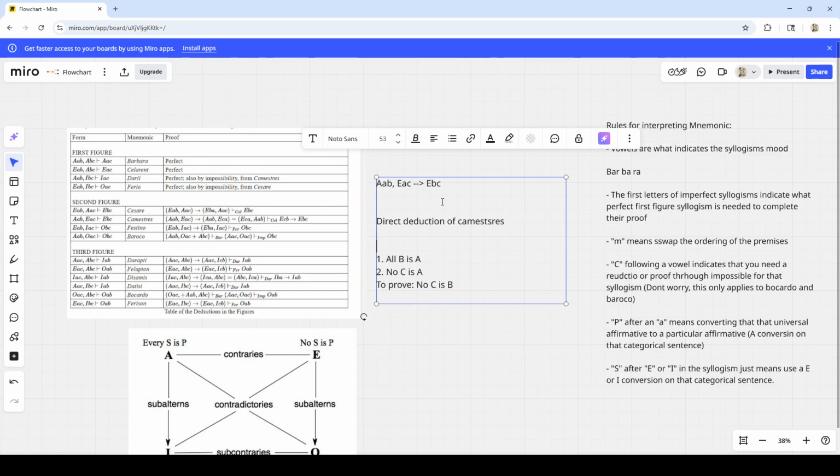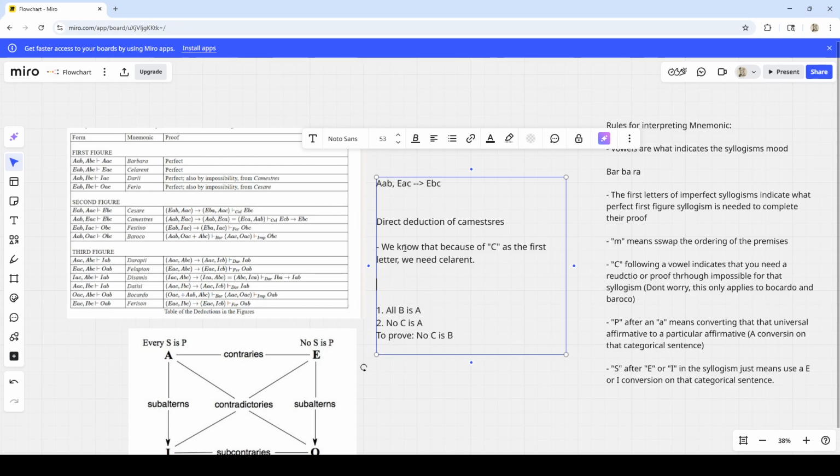So first I want us to indicate what syllogism is needed to complete the proof. We know that because of C as the first letter, we need Celarent.